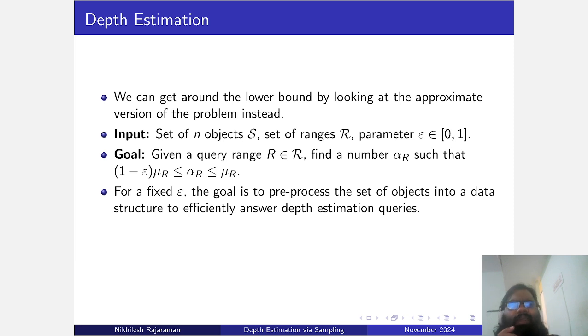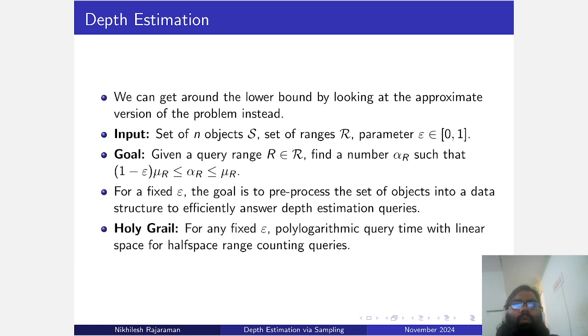One small technical point to note is that we're assuming the error parameter epsilon is fixed upfront when the set of objects is given to us as input. So essentially we're building the data structure for a single error tolerance. It's not that each range counting query could have a different epsilon that keeps changing.